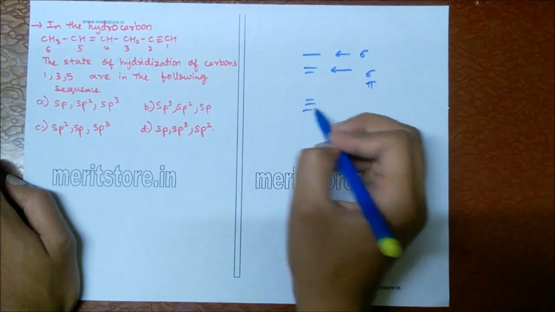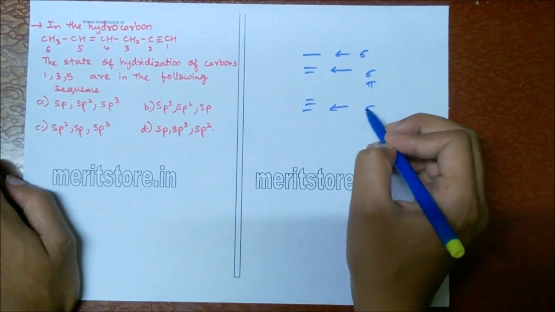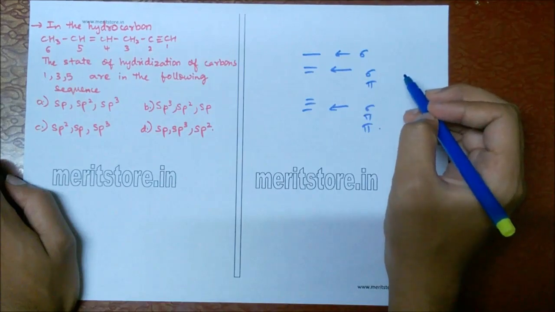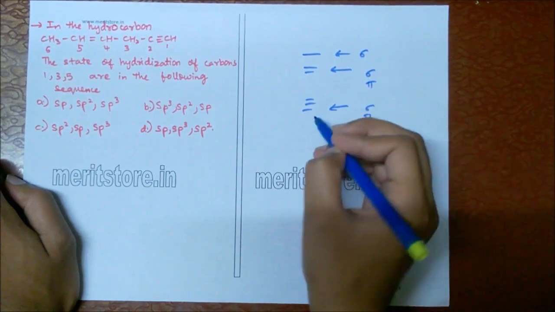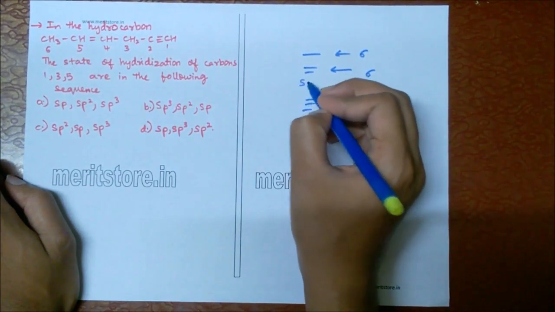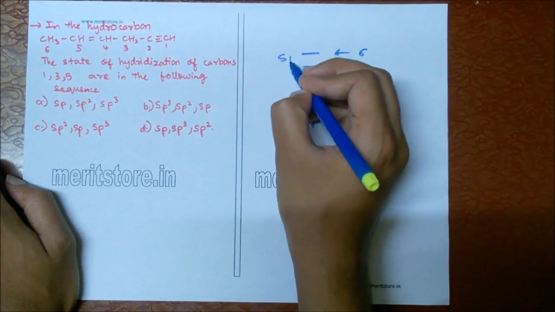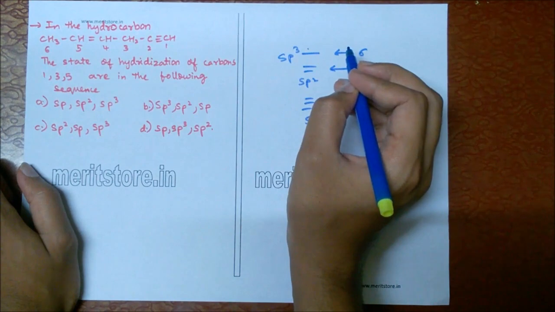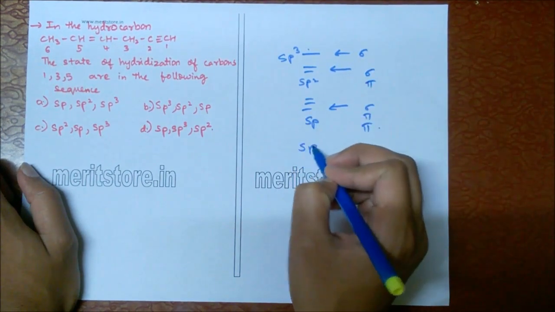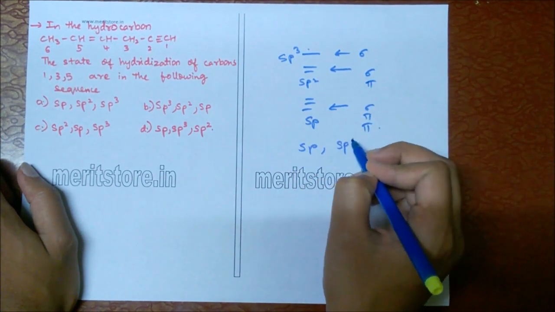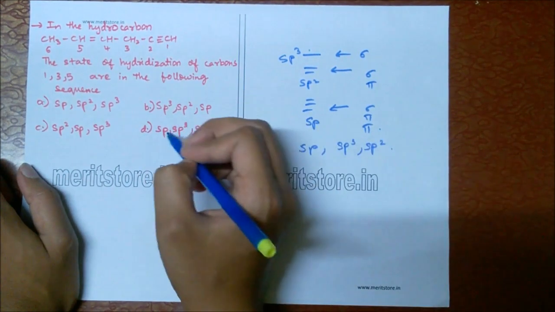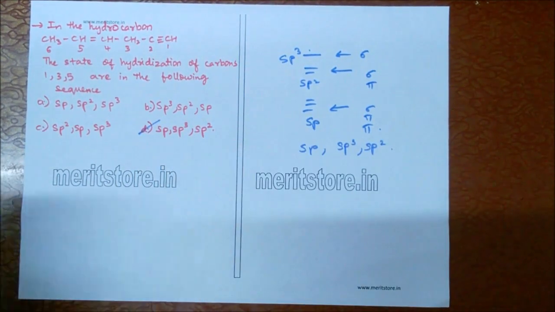And when three bonds are present, one is sigma and 2 are pi. So this will lead to sp, sp2, sp3 hybridization. So carbon 1, 3 and 5 have sp3, sp2 and sp hybridization respectively. Option D is the correct answer.